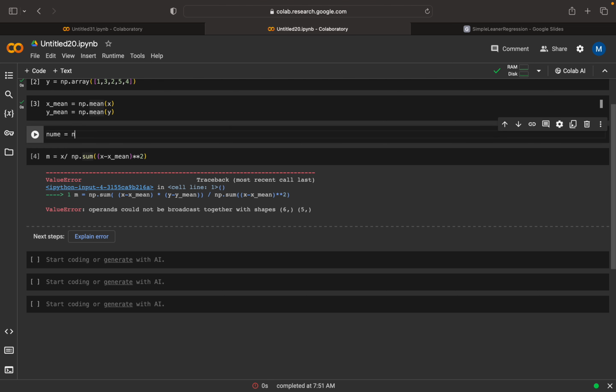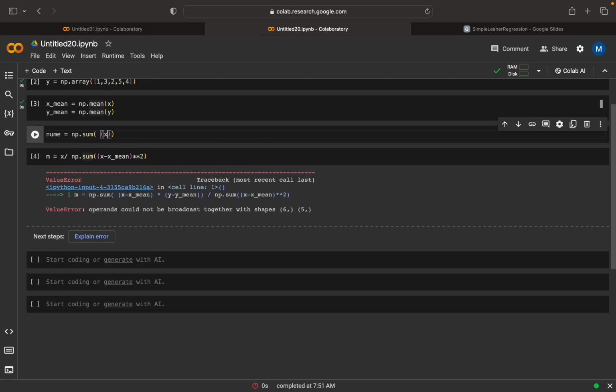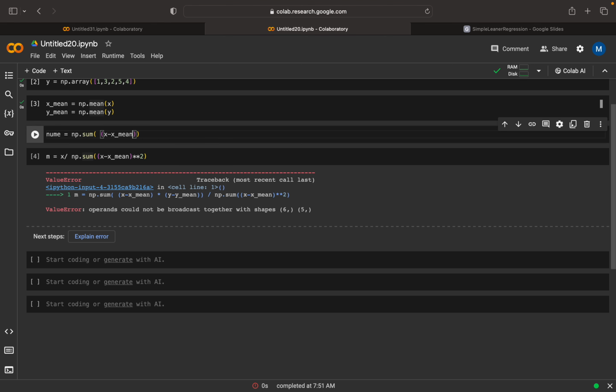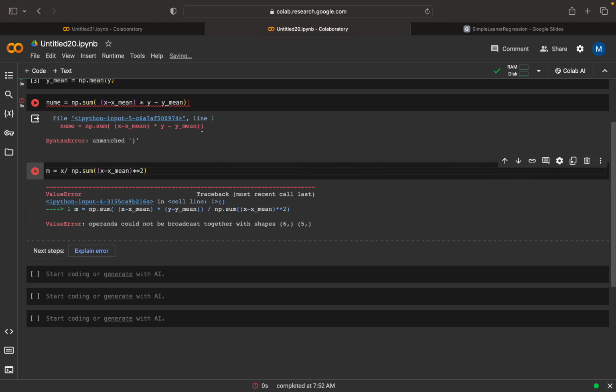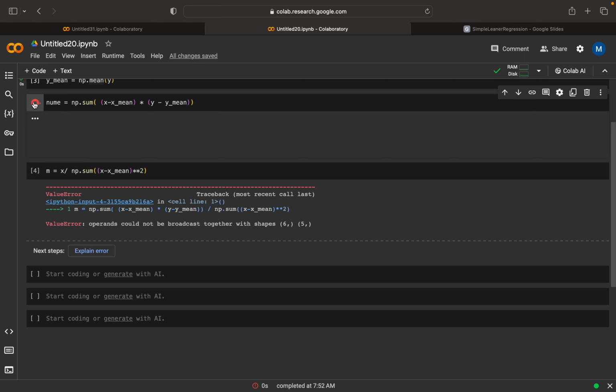I lost it, let me write it again: np.sum of x minus x mean into y minus y mean. So this is the numerator. I'm adding the missing brackets.